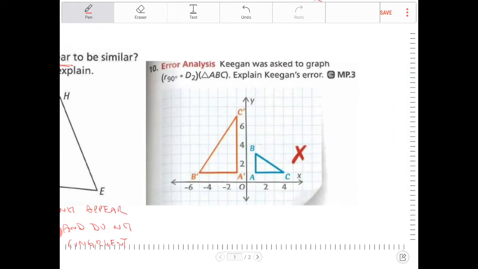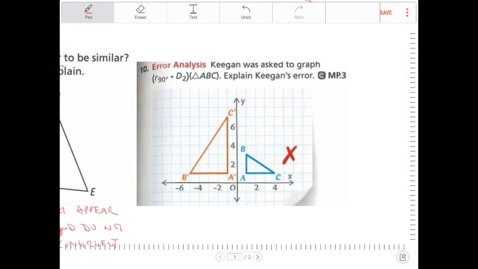Okay. Question 10. Error analysis. Keegan was asked to graph triangle ABC through a composition and transformation dilating by 2 and then rotating by 90 degrees. So dilation of 2 and then rotating 90 degrees.